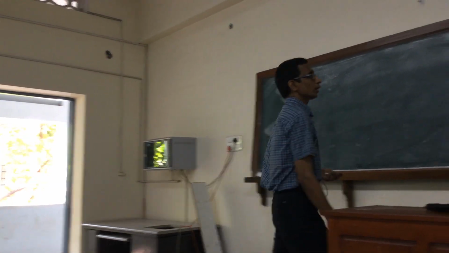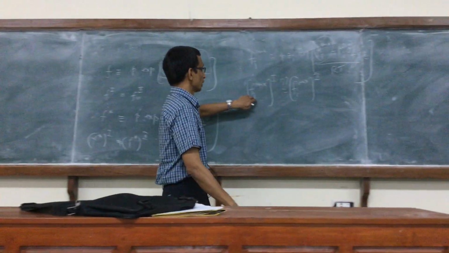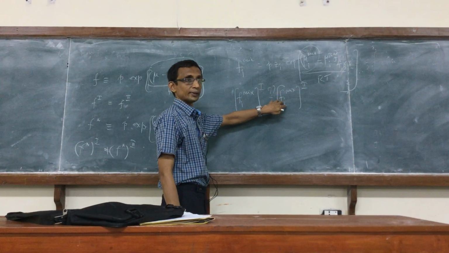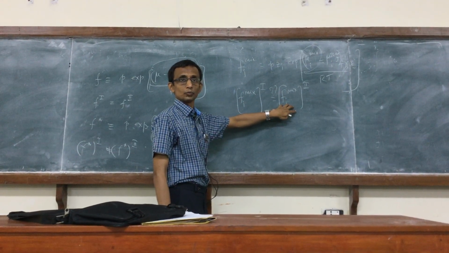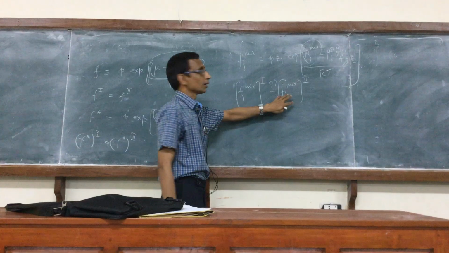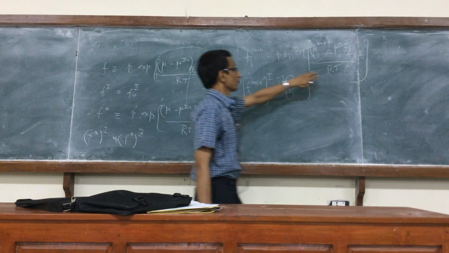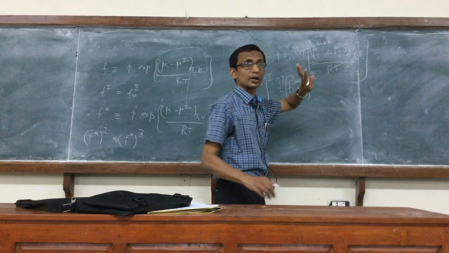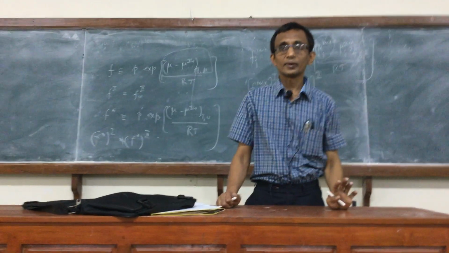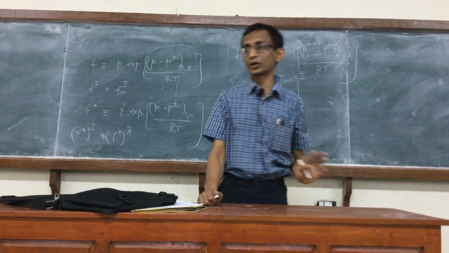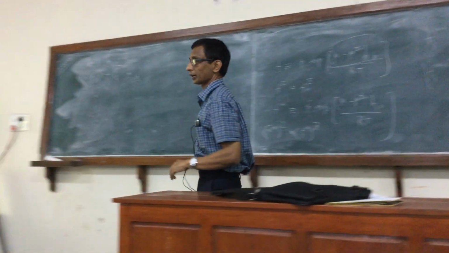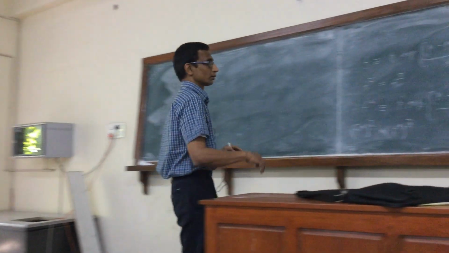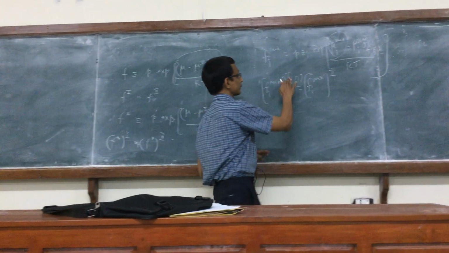Now, is the fugacity of a component in a mixture, phase 1, equal to that in phase 2? The answer is not very obvious because on top of the temperature and pressure which are equal, we have the mole fractions which are anyway different for the two phases, unless you have an azeotrope or something where the mole fractions are the same. So the proof is quite straightforward, but not as obvious.